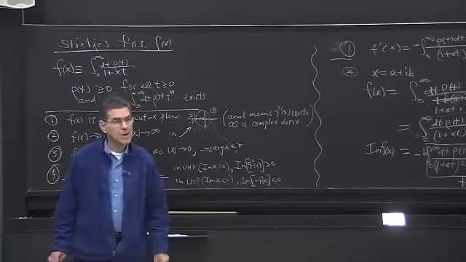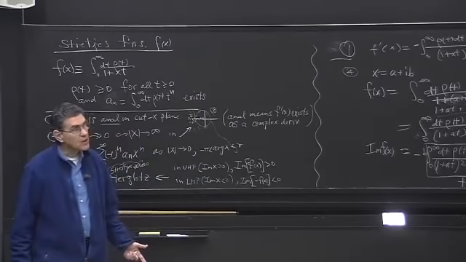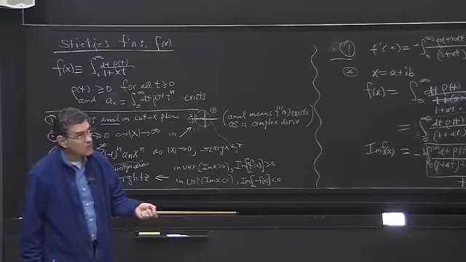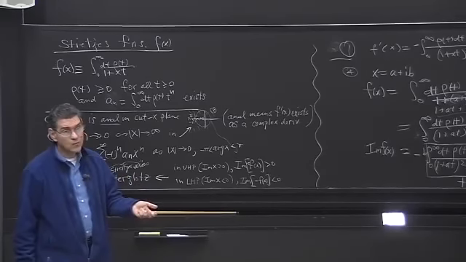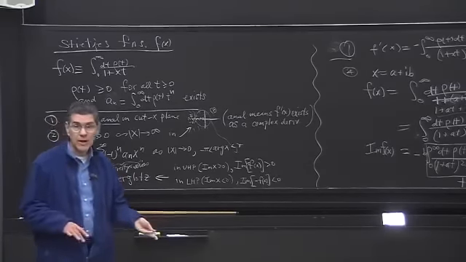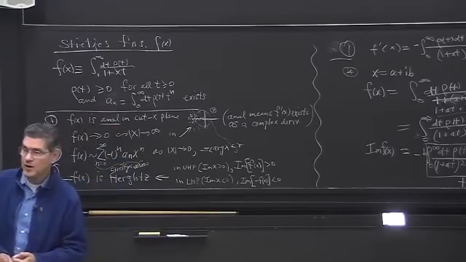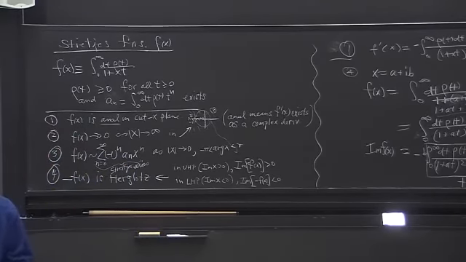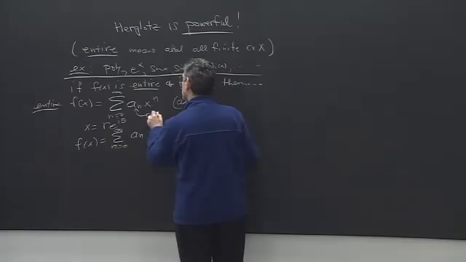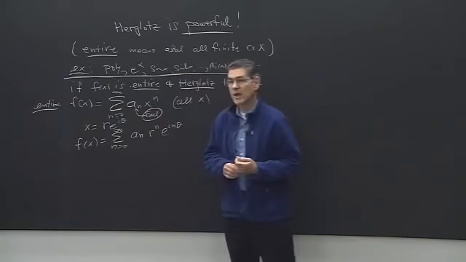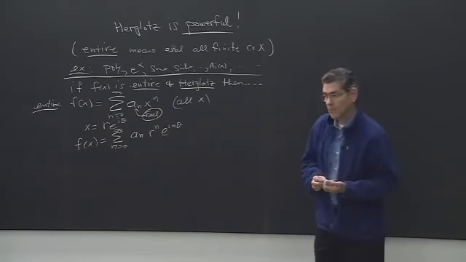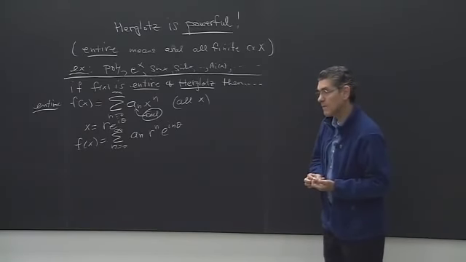And on the real axis, if the function exists, then of course it's neither positive nor negative, so it's real. So on the real axis, the function has to be real. So if it's Herglotz, a sub n is a real number, because on the real axis, the function is real. Okay?